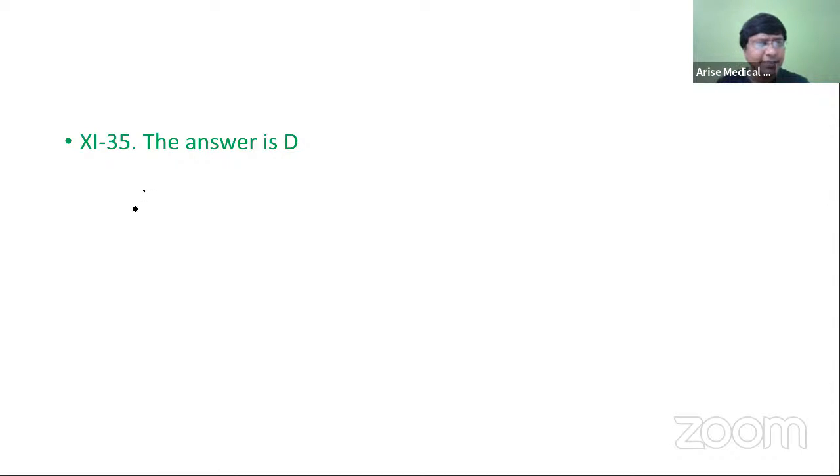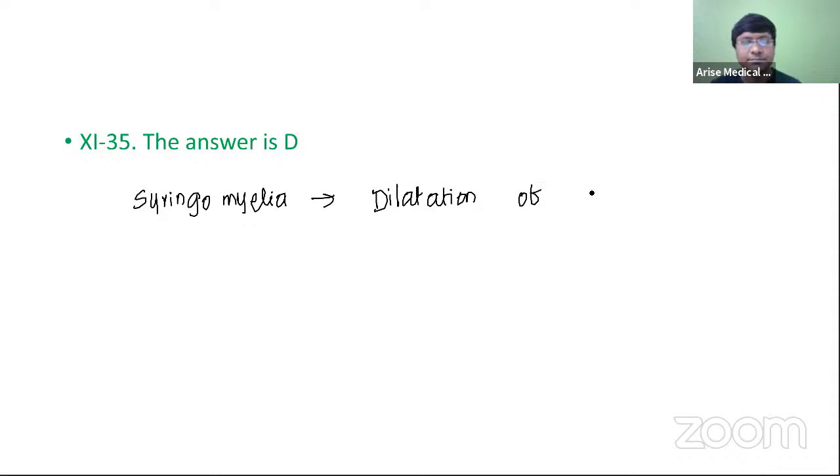So, what is the definition of Syringomyelia? It is the disorder where you have dilatation of the central canal of the spinal cord.